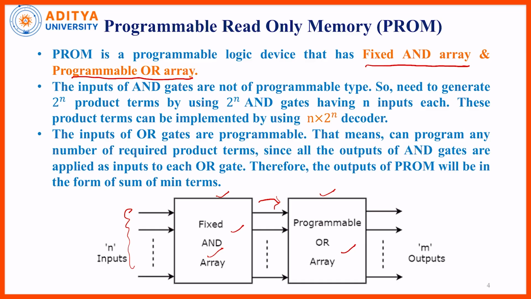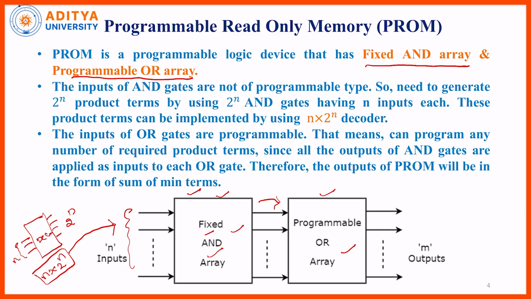If we observe this fixed AND array, we can simply use a decoder circuit. If we remember the decoder circuit, if the number of inputs is n, the number of outputs is 2 to the power of n. So the same n to 2 to the power of n equation for a decoder is applicable in this fixed AND array.